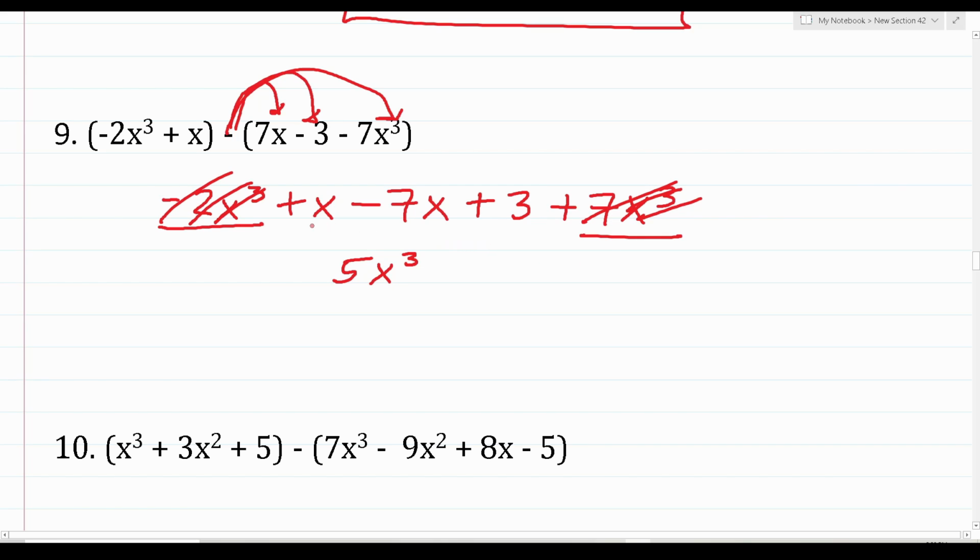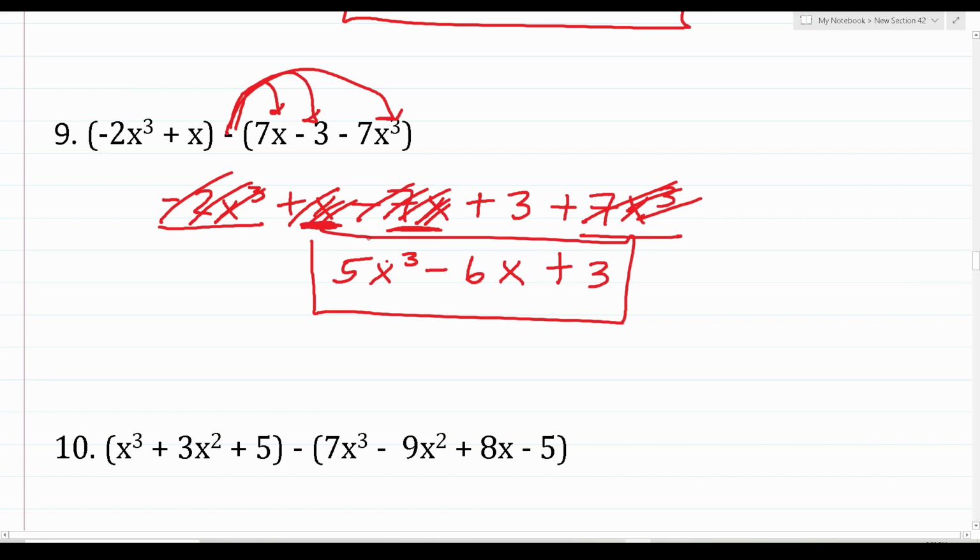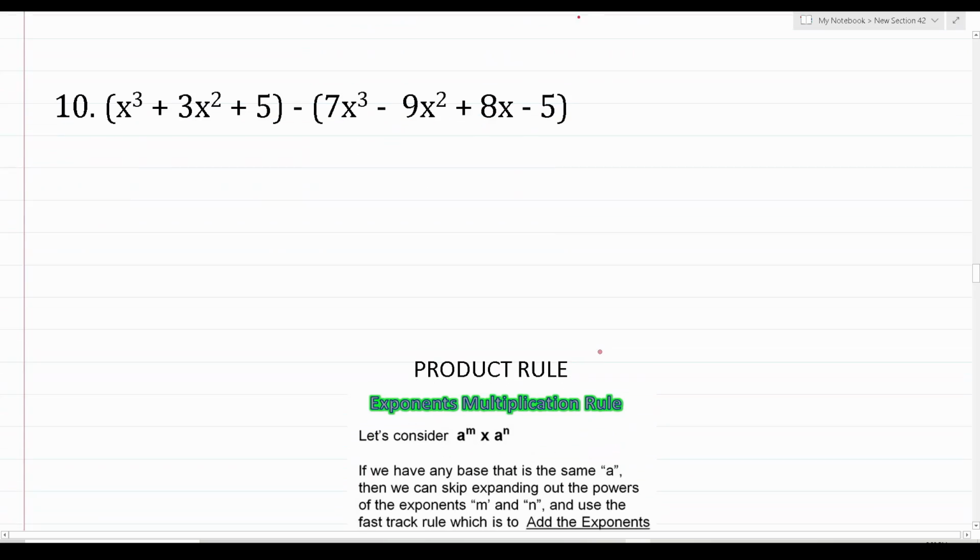All right, our next set of like terms is right here. Positive x and negative 7x is negative 6x. So we'll go ahead and cross those out now that we've taken care of them. And then we just have this plus 3 hanging out here, so we'll go ahead and tack that on at the end. And we are done with that one.